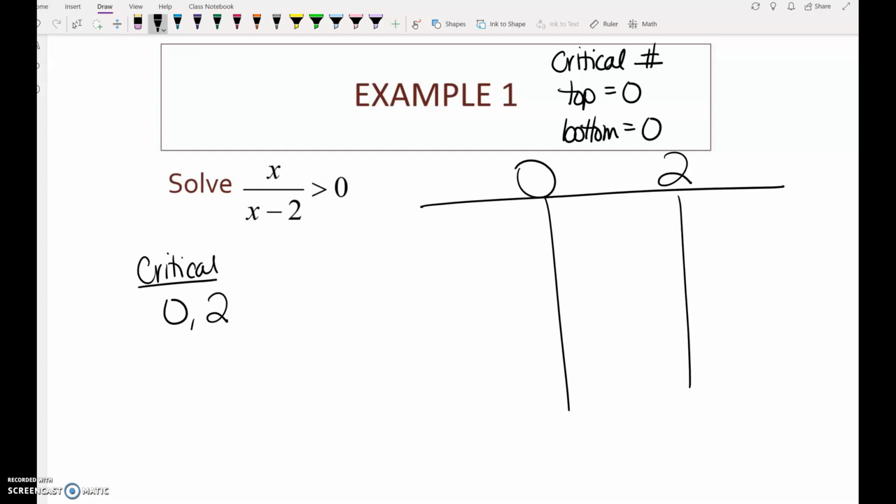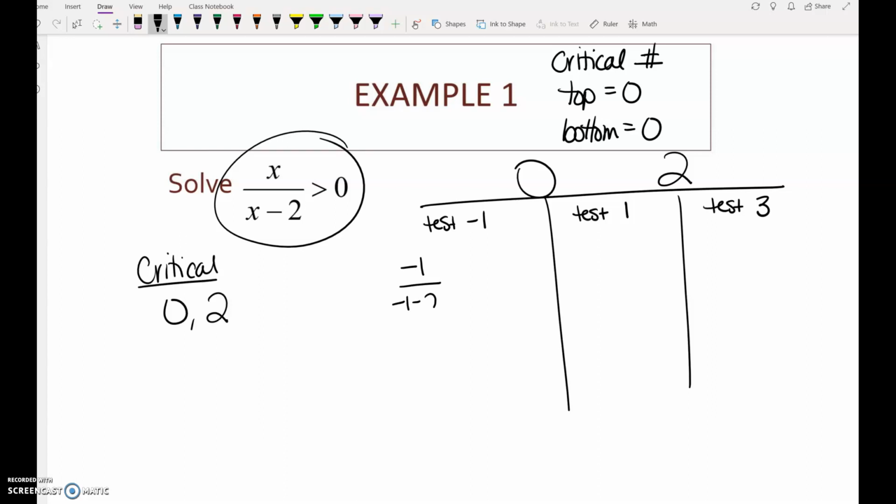We want to test numbers in between and around those critical numbers. So I'm going to test -1. I'm going to test +1, and I'm going to test 3. And you're testing them back in this original problem. So -1 over -1 minus 2, we're going to see if that's greater than 0. That is -1 over -3, which would be +1/3, and yes, +1/3 is bigger than 0. So yes, this range works.